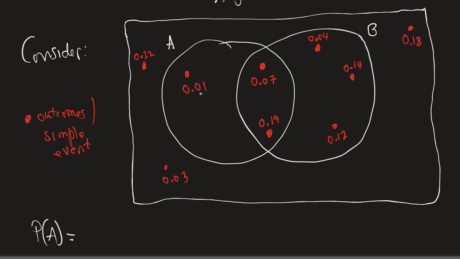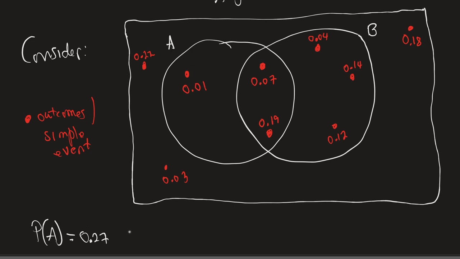So we got 0.01 plus 0.19, so that's 0.2, and then for a total of 0.27. So A, again, with no prior knowledge, or nothing else happening, has a 20% chance of occurring.